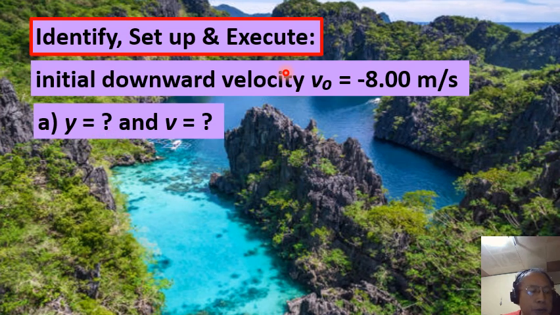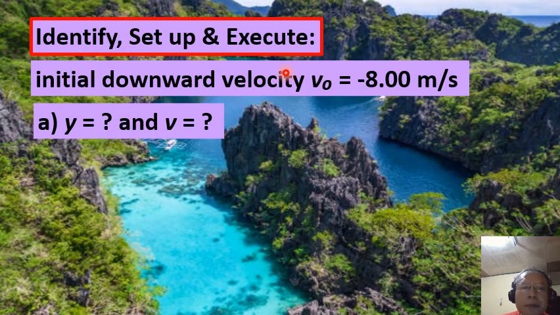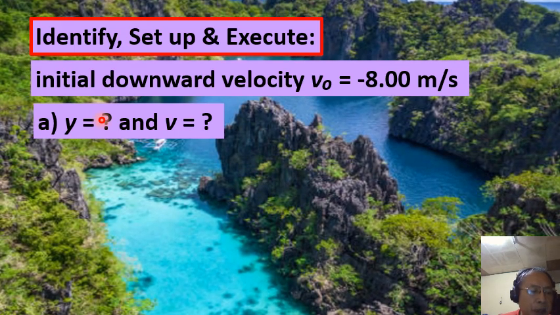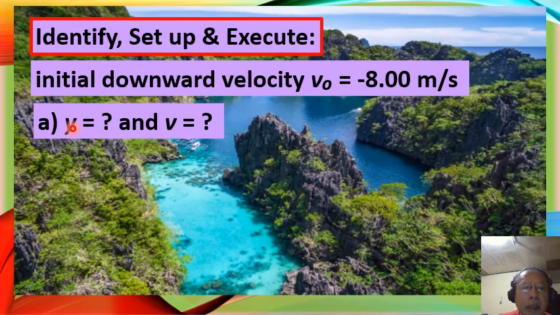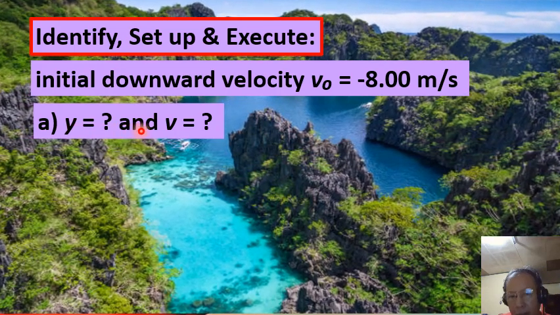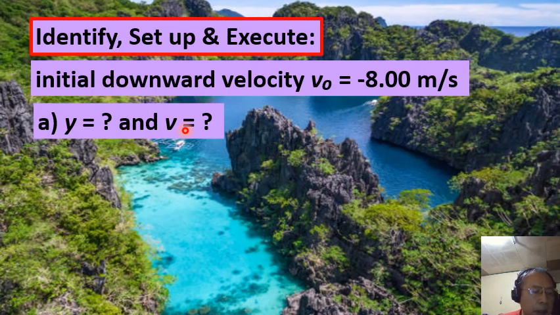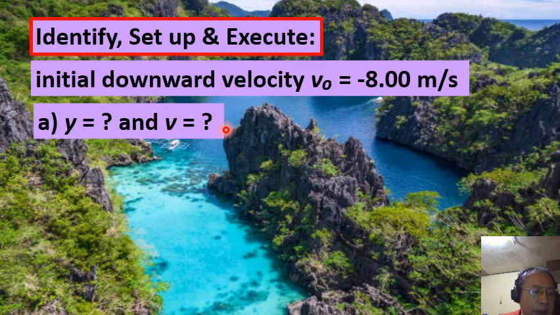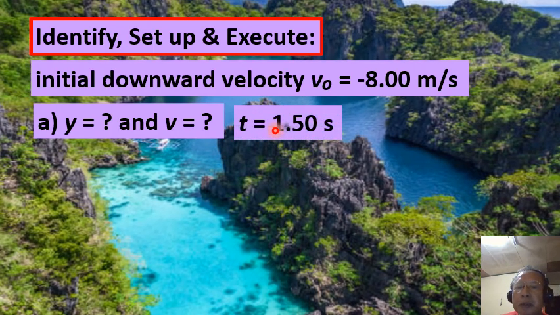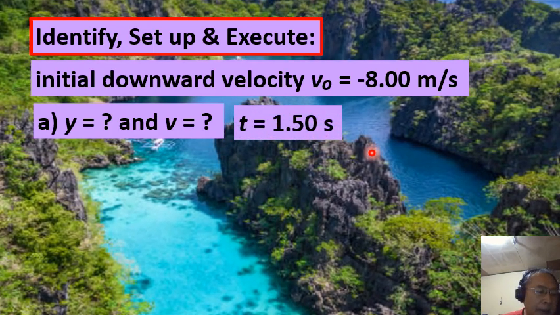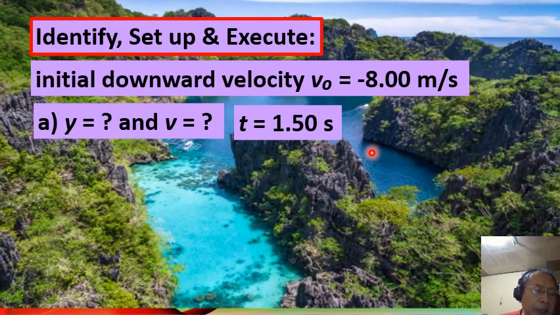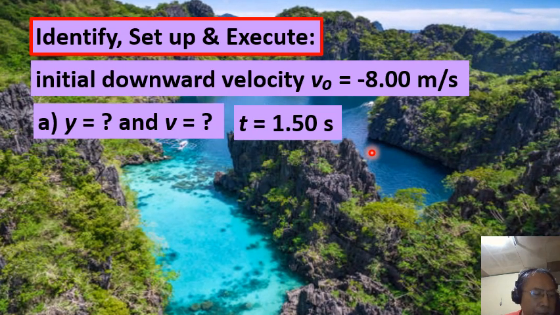And the target variables are, for letter A, the stone's position denoted by small letter y, and the instantaneous velocity denoted by small letter v. This is after a time of 1.50 seconds after the stone leaves your hand, that is, right?